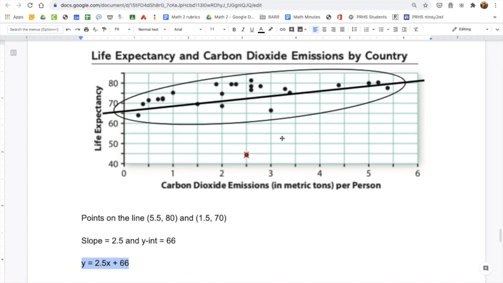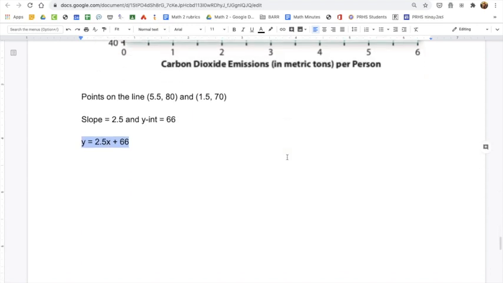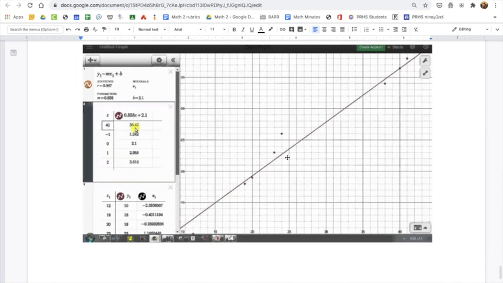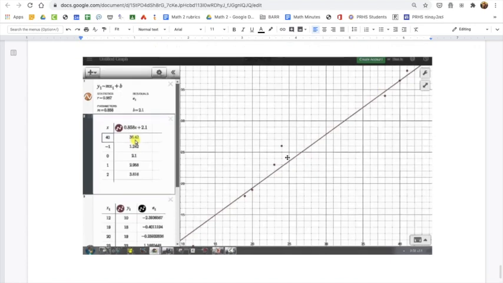In these problems here, I've looked at estimates, things I've done by hand, and calculations I've made by estimating. We're also going to use some online tools like Desmos to be much more accurate and, in a lot of cases, make things easier, so that we're going to be able to calculate the correlation coefficient and the line of best fit using online tools that hopefully will make life a little easier, but also give us more accurate numbers.